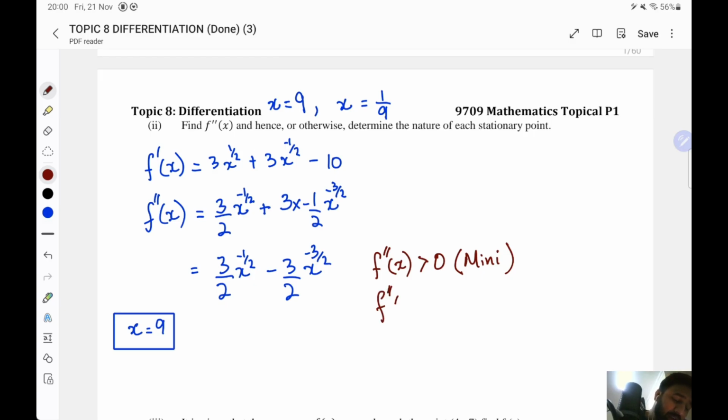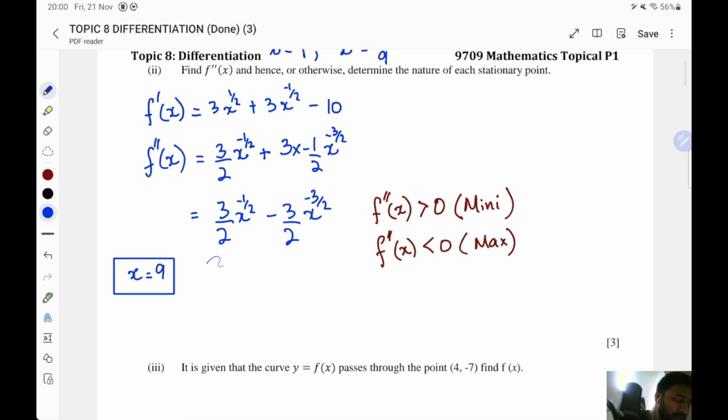And if it gives you a value less than 0, it means that it is going to be the maximum value of the graph. Now let's substitute into the function f double dash of 9. All I need to do is substitute the value 9 in the second derivative function above.